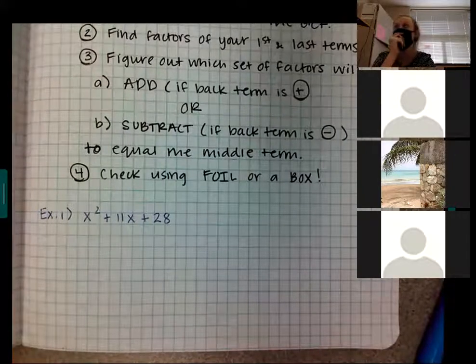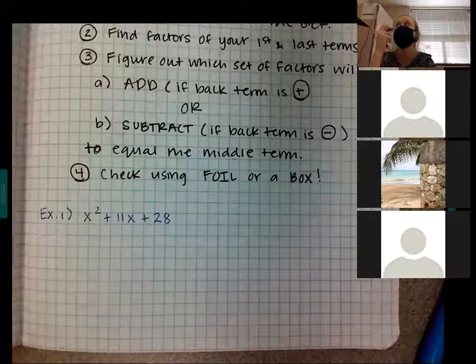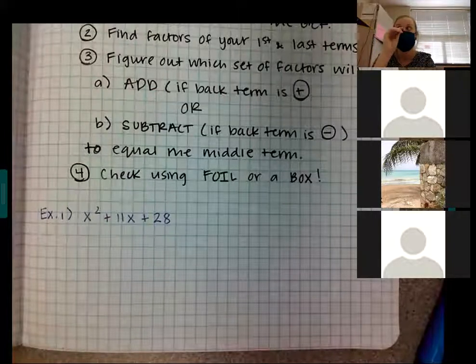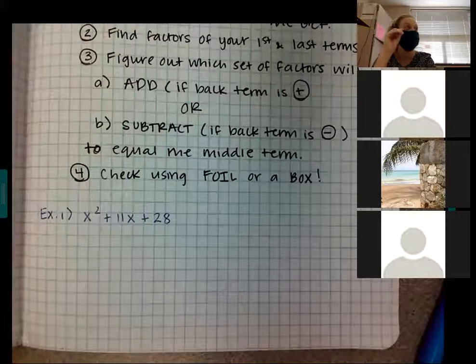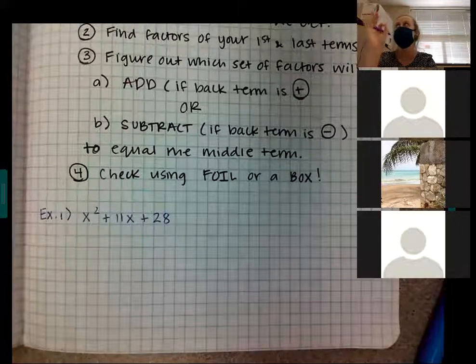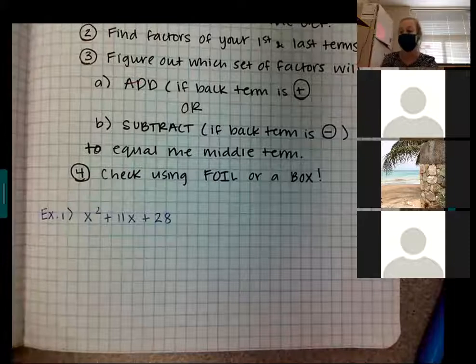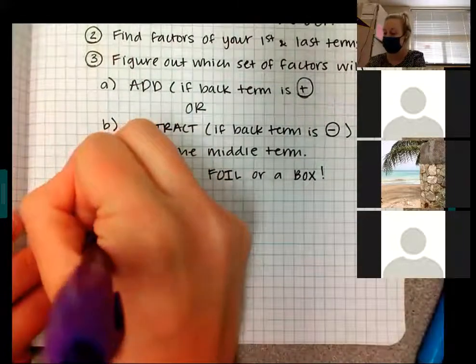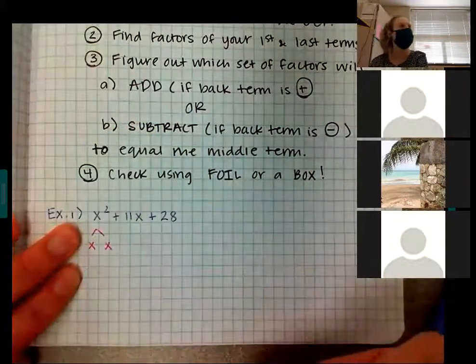And I want you to factor it completely. Let's see, some of y'all already doing it. Okay, that's good. I'm glad y'all think it's easy. Let's just make sure we're all on the same page. Find factors of the first and last term. So what are my factors of x squared? X and x, so that's easy, right?